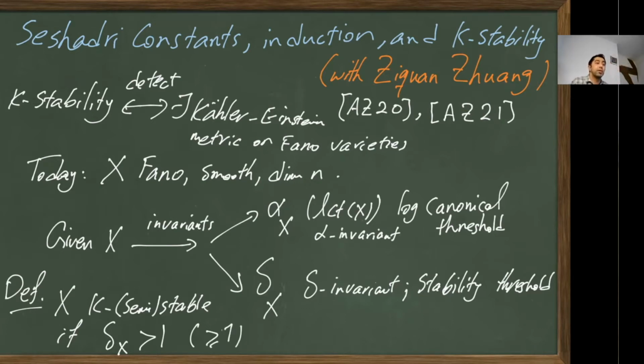Good. So the story is that this K-stability or semi-stability can be measured by this delta invariant. So the whole point is about computing or estimating this delta invariant. And that's the main topic of the talk today. Cool.